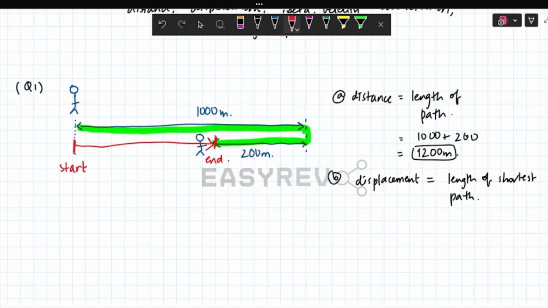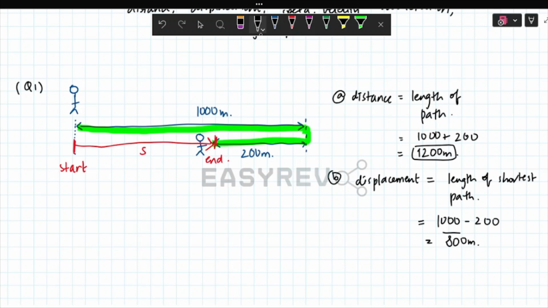So it's this red arrow that represents displacement, and I'll mark it with the letter S. Now, in terms of the value or expression of displacement, notice how it doesn't really account for both 1,000 and 200. Rather, it accounts for the remaining distance once you remove the 200 meters covered backwards. In that case, displacement is merely 1,000 minus 200, which gives you 800 meters.